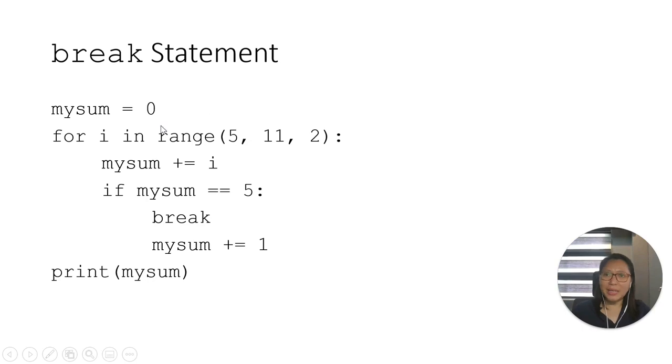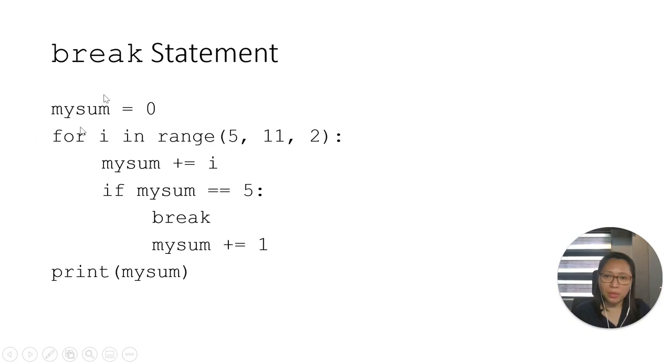So here is an example of a break statement. We have for I in range 5, 11, 2, and if sum is equal to 5, break, print my sum. What do you think is the output of this short program?